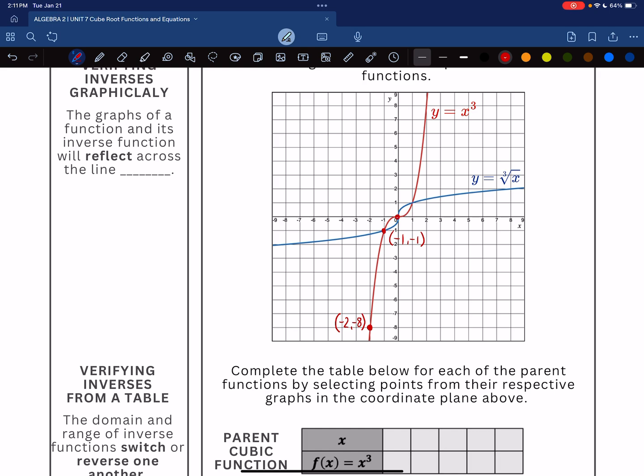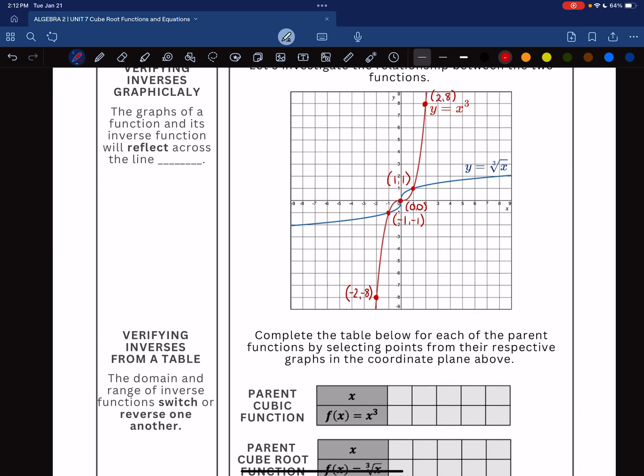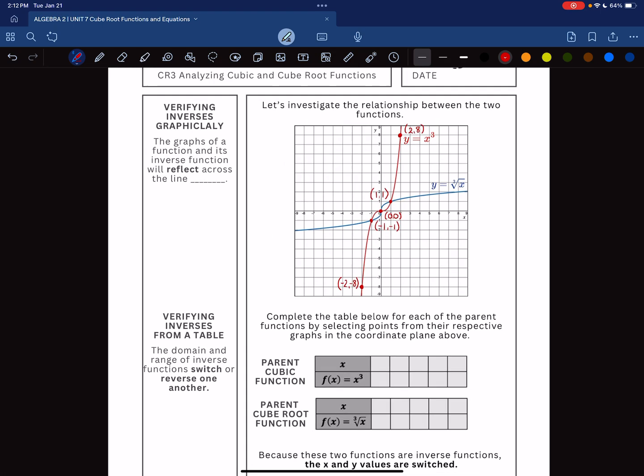As I keep tracing, I'm going to see right here is the point 0, 0. And then I get to this point right here, which is the point 1, 1. And I keep tracing all the way up until right here, almost outside of my window. That is the point 2, 8. So let's go ahead and take these points and write them in our table.